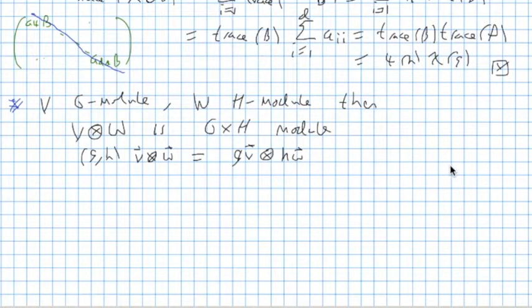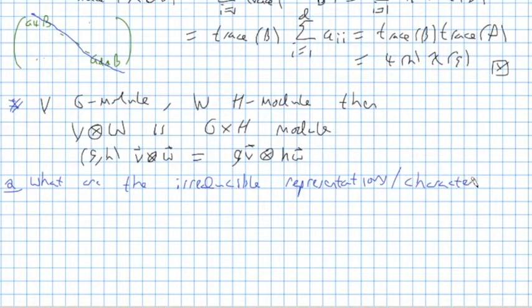Okay. So now that we've defined this tensor product of two representations, we want to describe the irreducibles. So what are the irreducible representations / characters of G cross H?